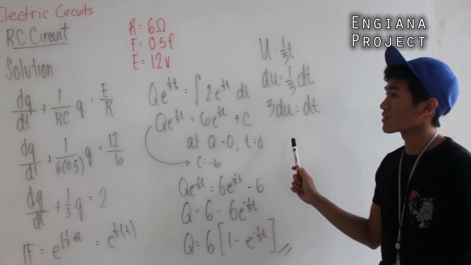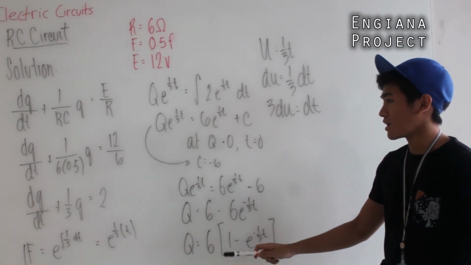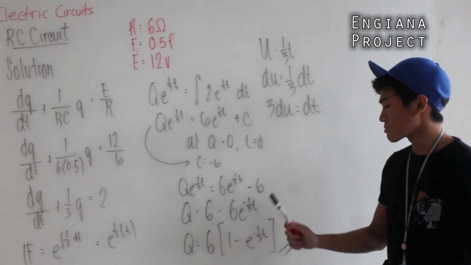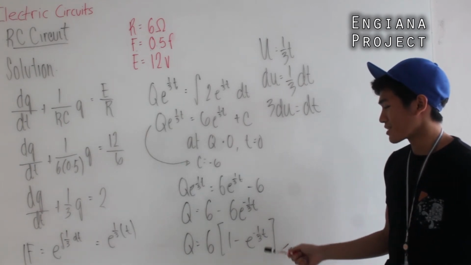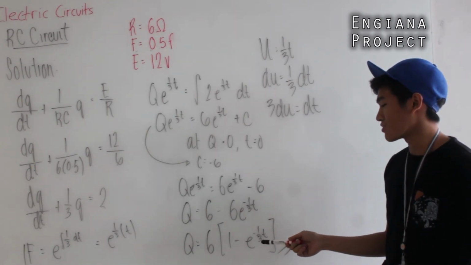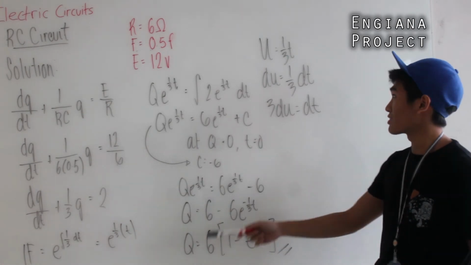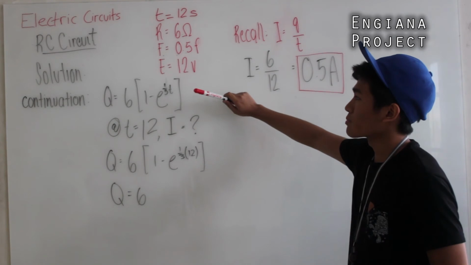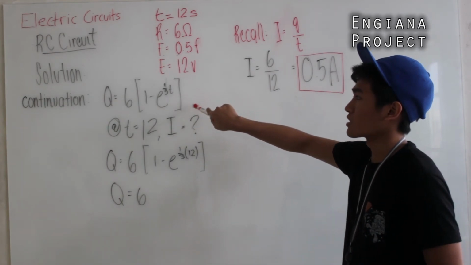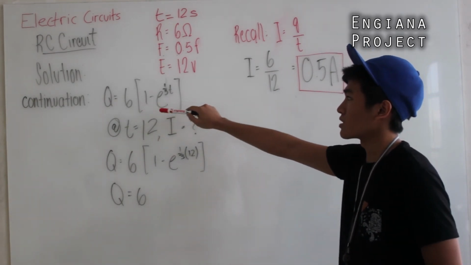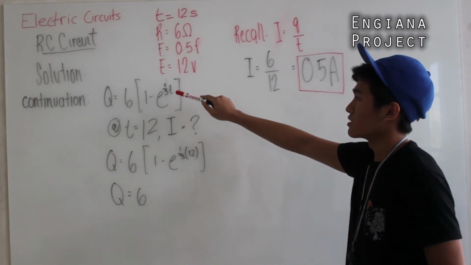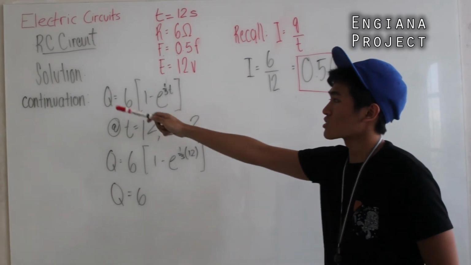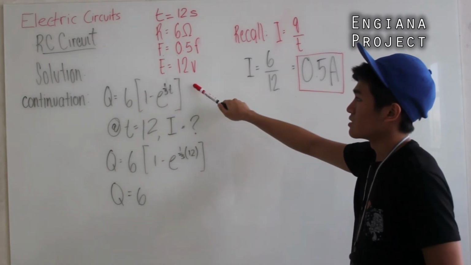We can now look for the Q at time 12, so you just substitute t equals 12 here, and then you get Q. From the previous equation, we got Q equal to 6 times 1 minus e raised to -1/3 t. So this is Q with respect to t.